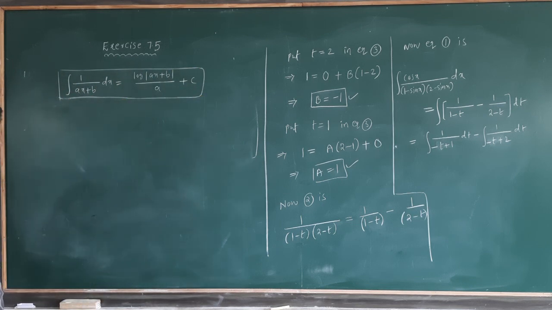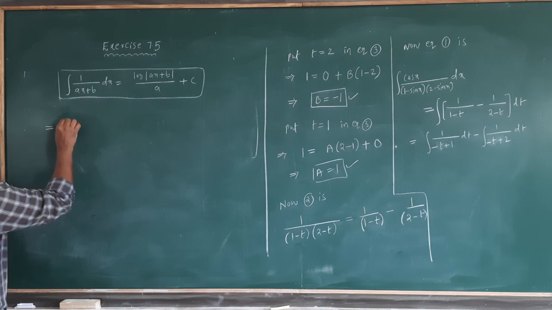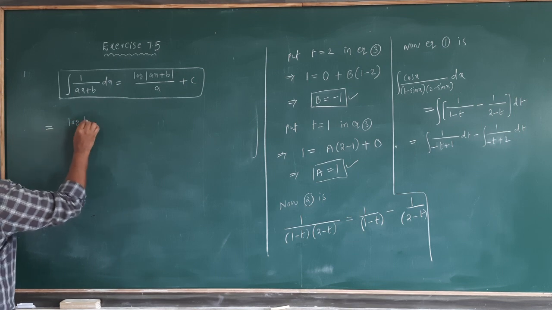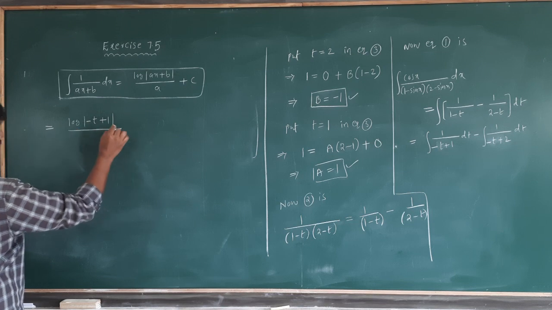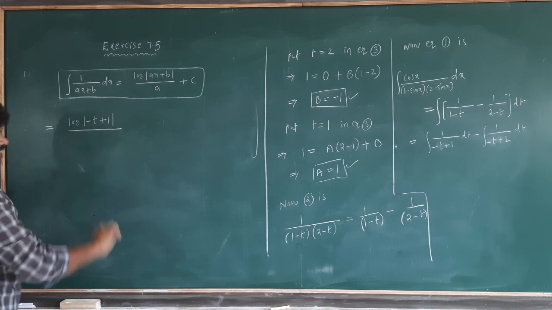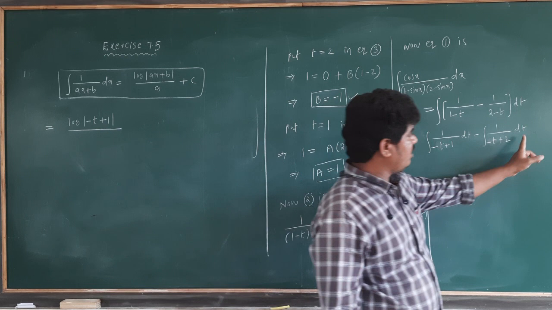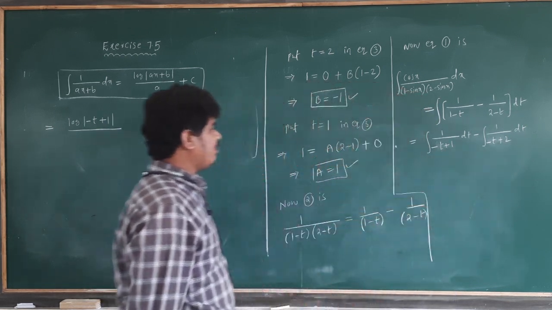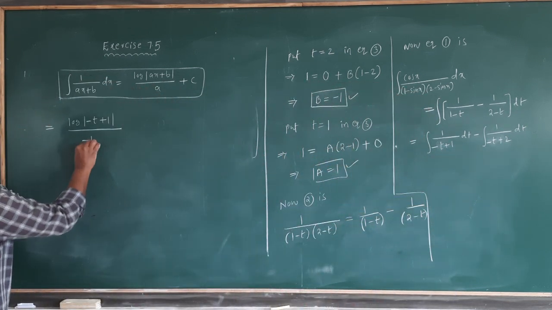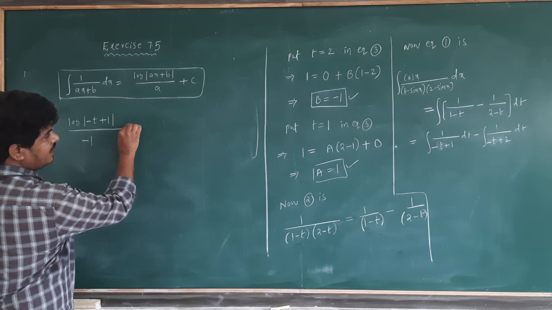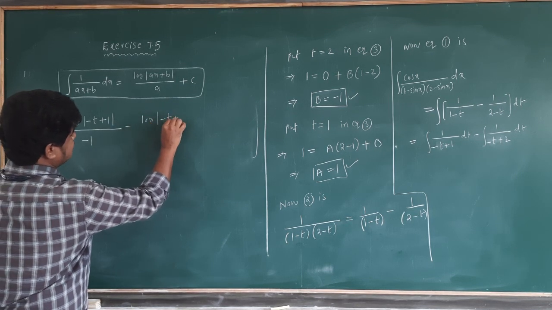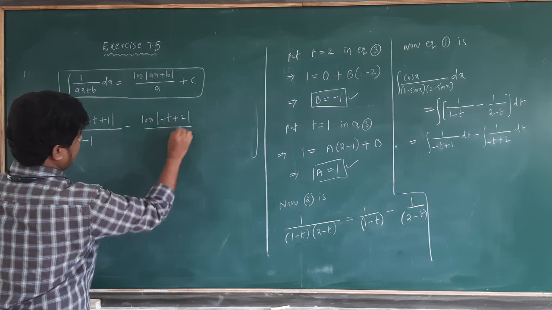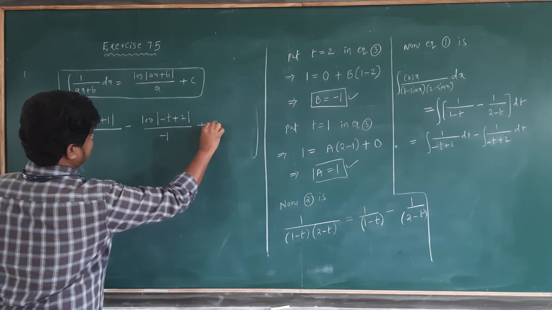So that one will be written as log mod minus t plus 1 divided by, with respect to t the coefficient is minus 1, so minus 1. Next minus log mod minus t plus 2 divided by minus 1 plus c.